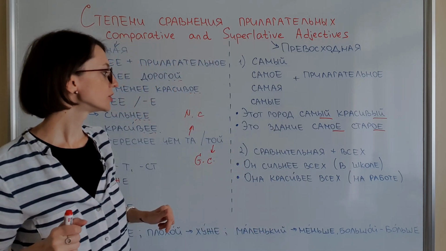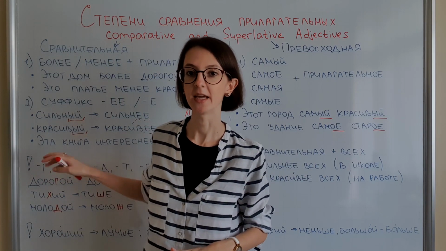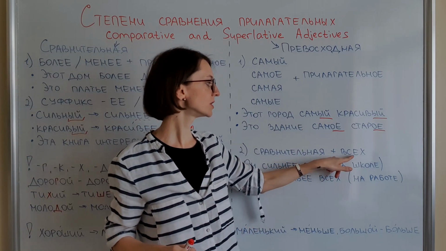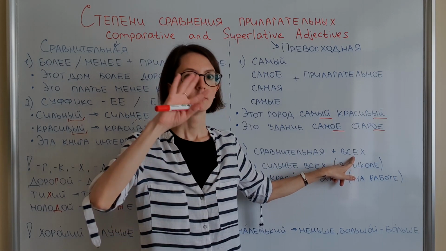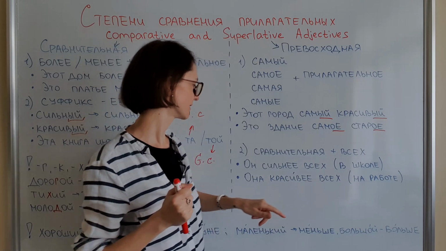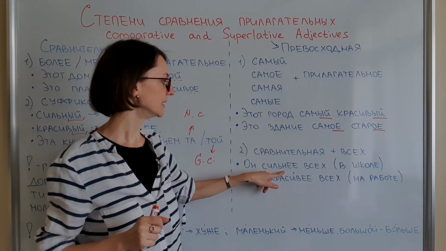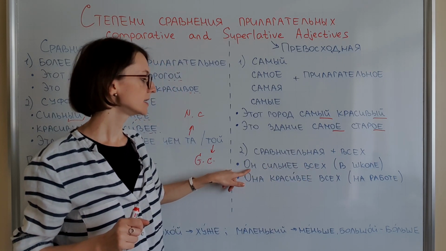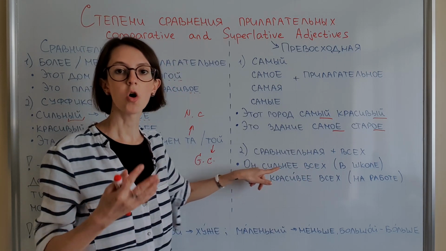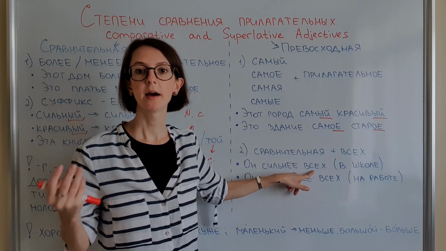And way number two, you use the comparative form of the adjective and afterwards you use всех, meaning of everyone. Yes, let's have a look at the examples. Он сильнее всех. He is the strongest of everyone or among everyone.